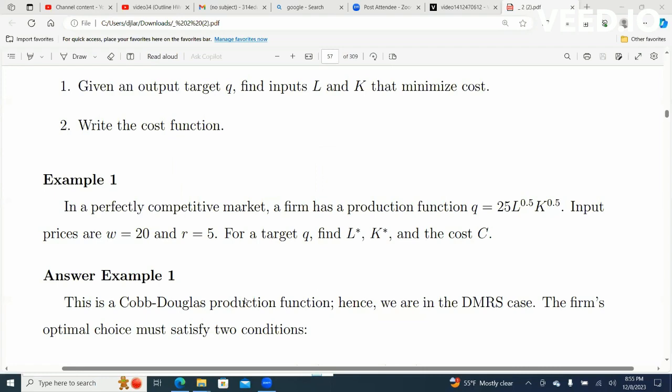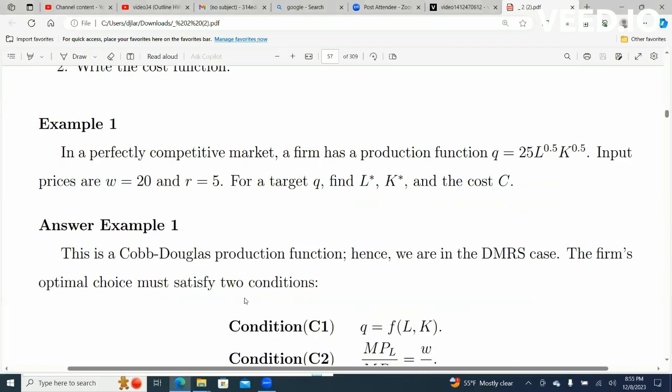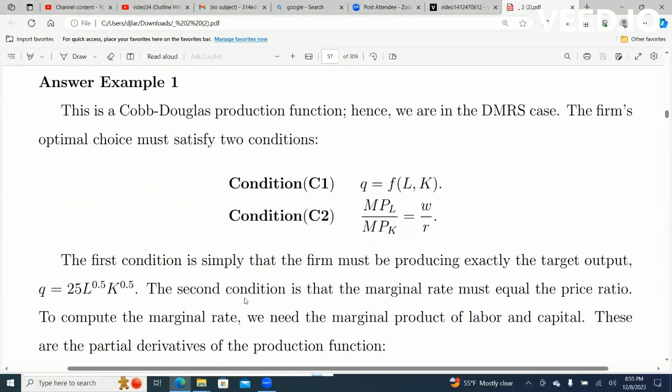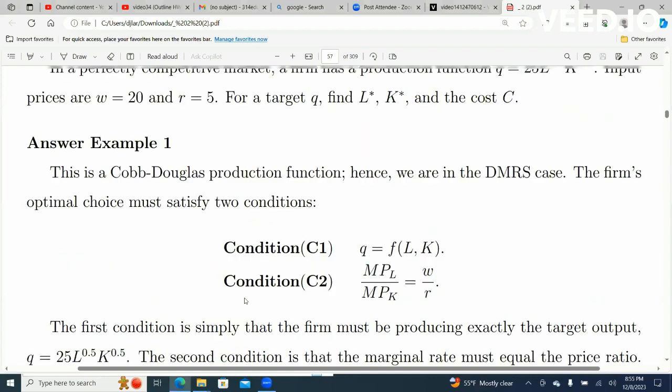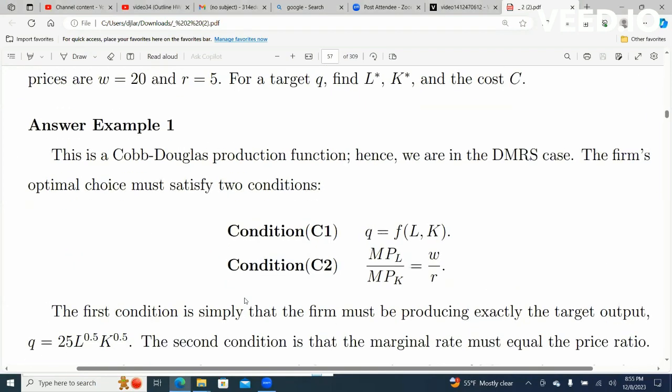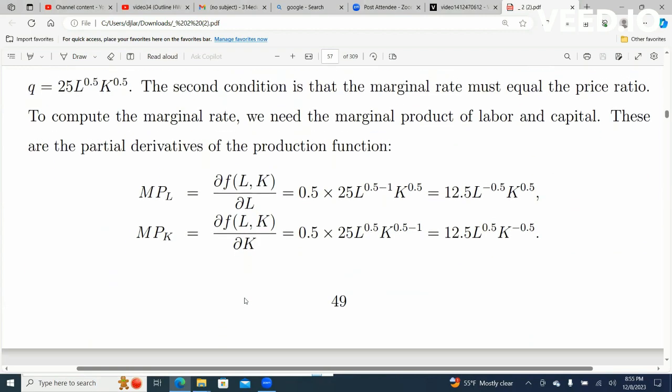Okay, so with all these problems, we state these conditions, but we're always doing that just to make it clear, we are constructing this, yes? So remember W and R, they gave us W and R. W is 20, R is 5, 20 divided by 5 is 4. So we take those partial derivatives.